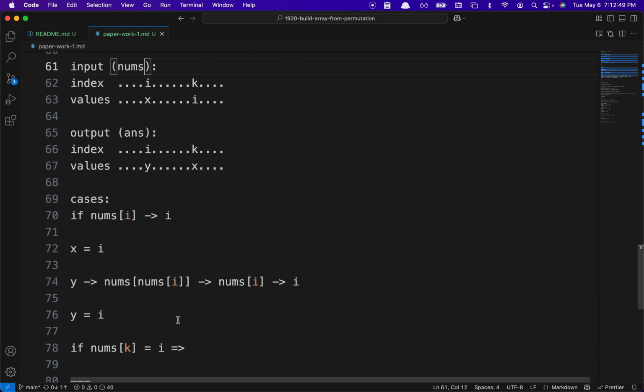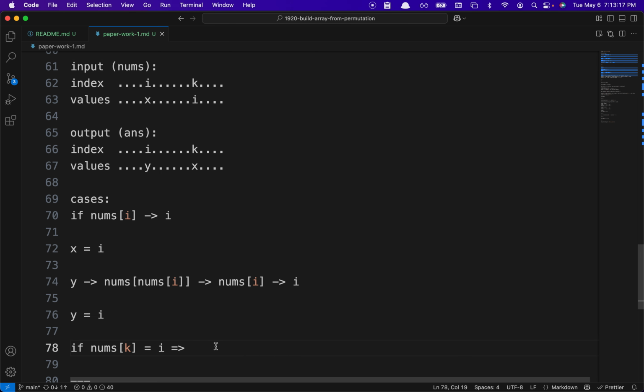So if nums of k is equal to i, and we say nums of i is i and x equal to i, then x is equal because i is i. When we say nums of k equal to i, there can't be two separate indexes that have the value i because it is a permutation, only one place.